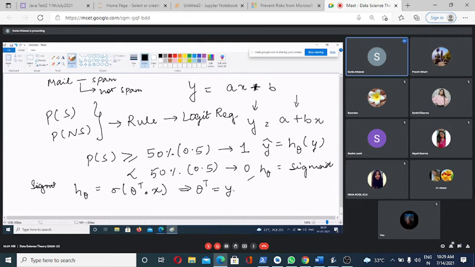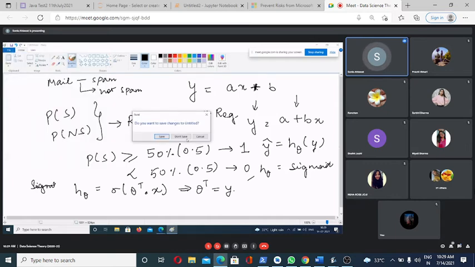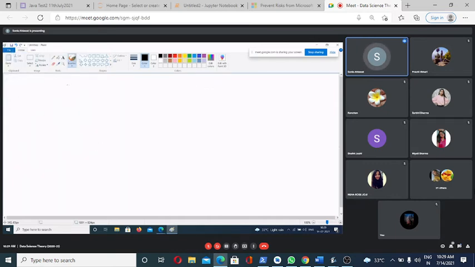Fine. So my final prediction is h of theta of y, or I can simply rewrite it as theta transpose x.